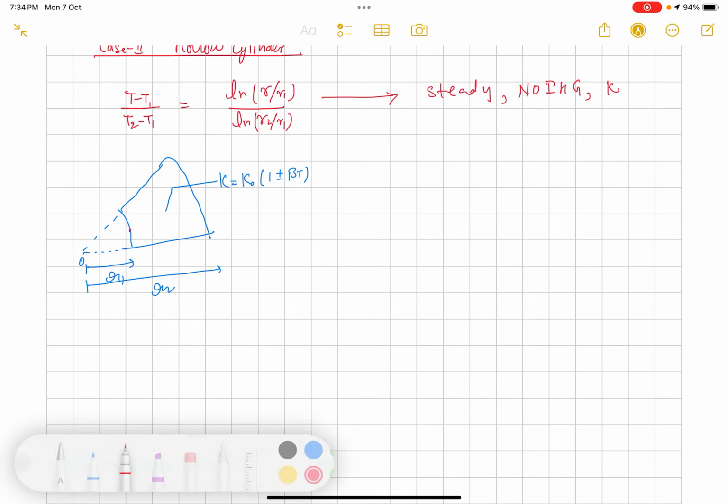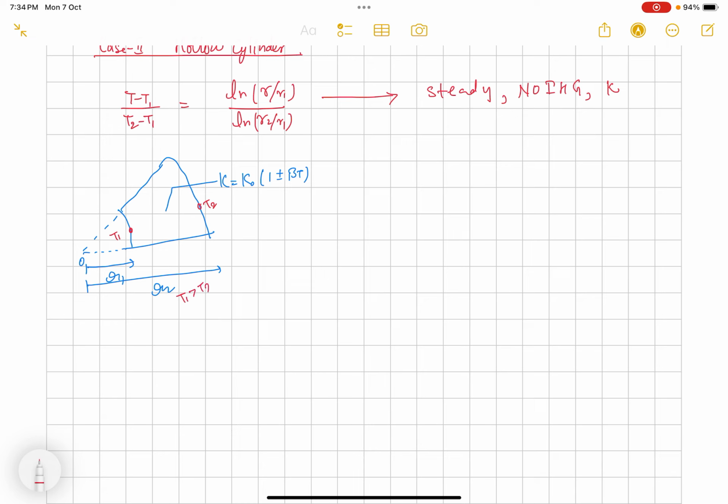Let's suppose the inner wall and the outer wall are maintained at different temperatures T1 and T2, assuming T1 is greater than T2. Again start with Fourier law in the radial direction: Q equals minus k times A, where area is 2 pi r times L, times the temperature gradient in the radial direction, dT by dr. Here r is any particular radius from the center.